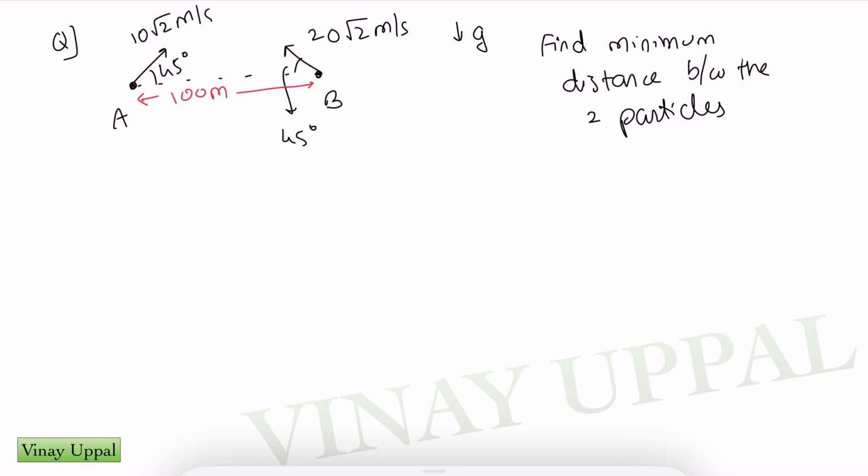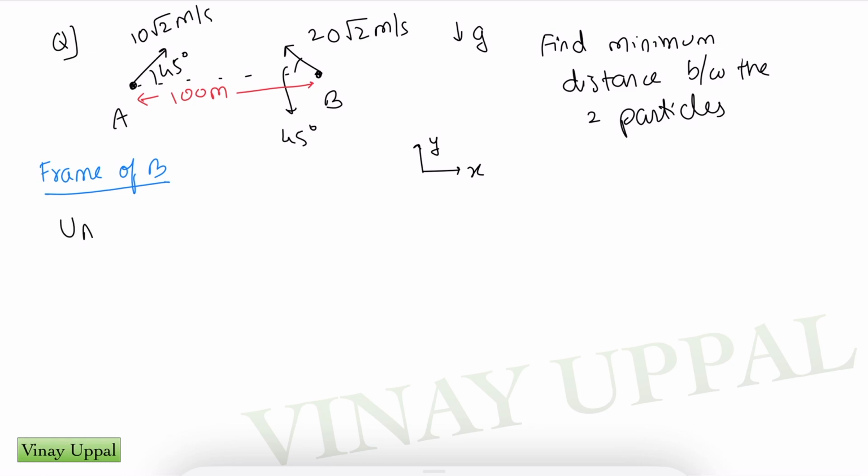Alright, so I'm going to go in the frame of B. Now I know once again that in the frame of B, since both of them are performing free fall in the ground frame, A is going to perform straight line motion. So let's first figure out the initial velocity of A. Let me take right hand side as positive x-axis and upward as positive y-axis.